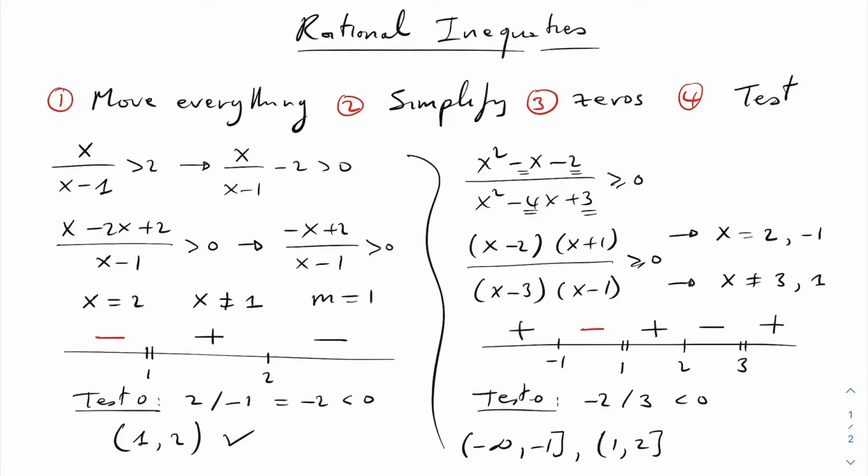And that's going to be open at 1 because of the denominator, and closed at 2 because of the equality. And finally, I'm also going to have from 3 to infinity. And that's going to be open at 3 because of the denominator, and open at infinity because you always do open infinity. And so with that, we are done.